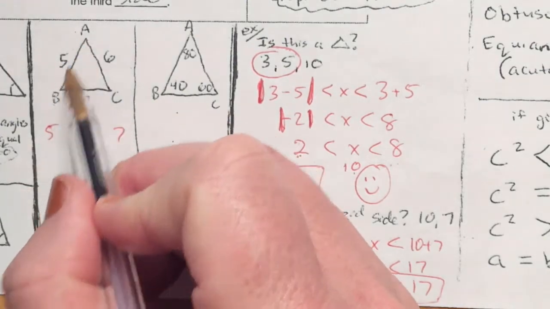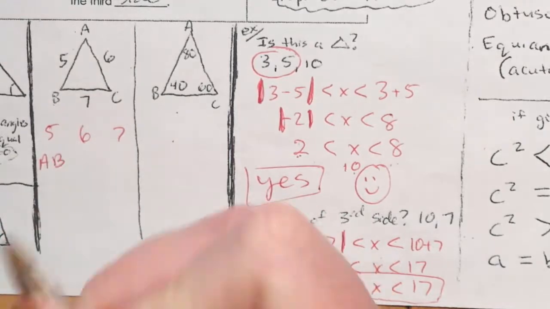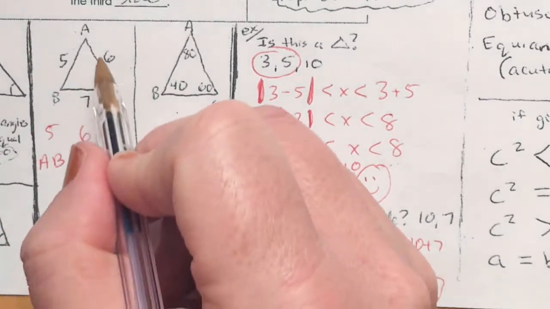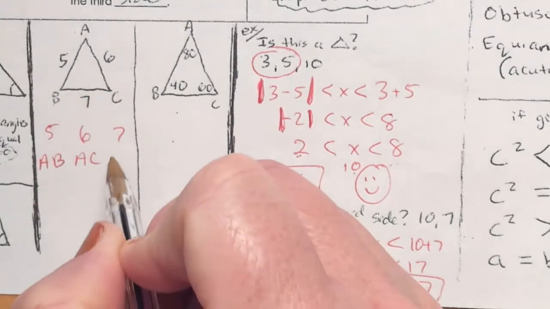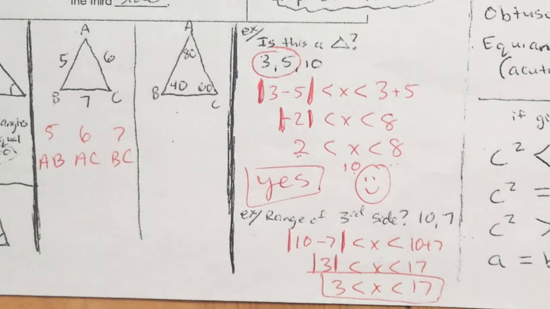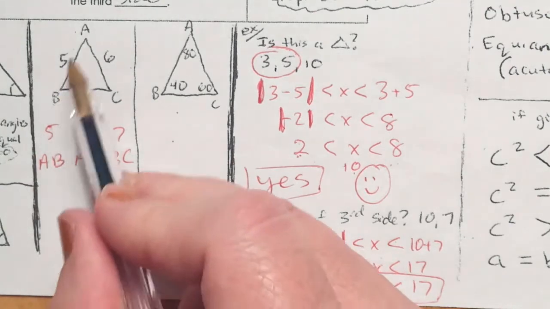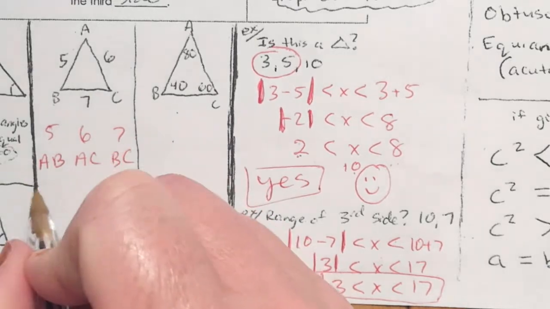Okay, now what did 5 go with? It was a side, so that went from A to B, or B to A, whichever you prefer. And 6 went with A to C. And 7 went from B to C. Okay, so we are missing a letter. A, B, and C are our 3 letters. So if I had A to B, what letter am I missing?